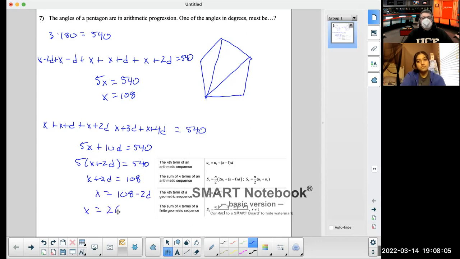Factor out a 2, then it's 54 minus d. I swear I did this before and somehow... Oh, we'll see. Yes, look at this. Yeah, it has to be 108. You're right, because 108 minus 2d is the smallest angle. So your method is better. My method sucks. Good job.